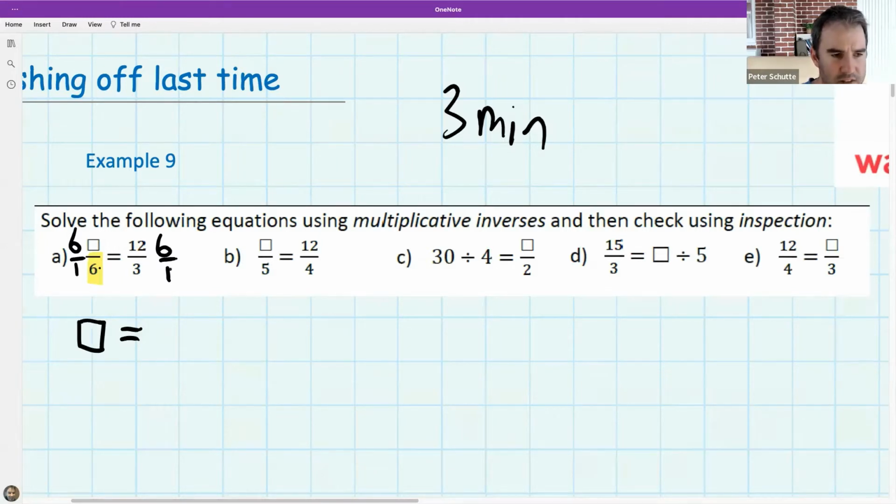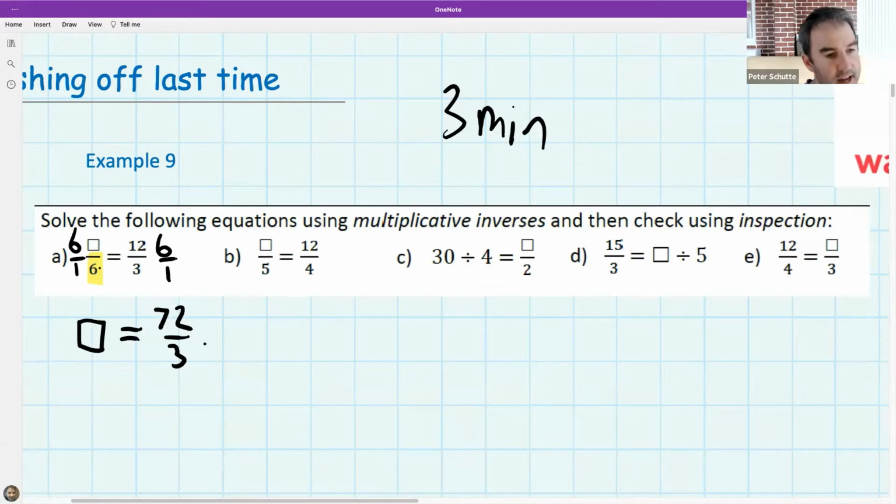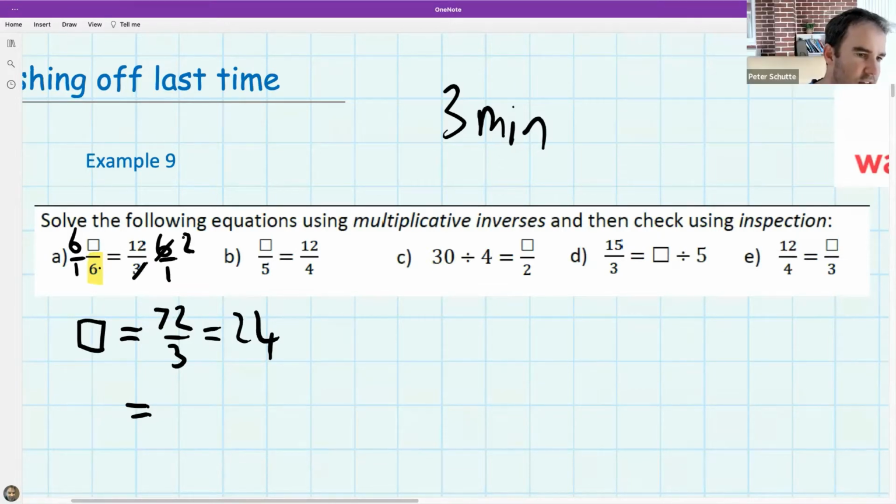It helps with knowing where the numbers go. And then I'm going to get 6 times 12, I know my times tables, so it's going to be 72 over 3, which is going to give me 24. Or some of you may have cancelled: the 3 goes into 6 twice, and 12 times 2 is 24. Both answers give you the same thing.